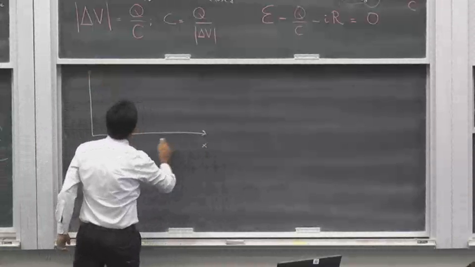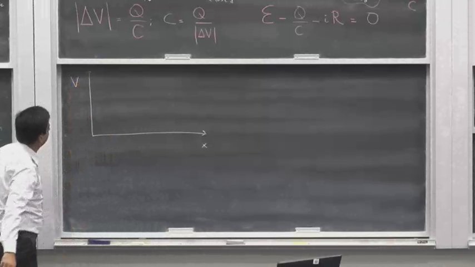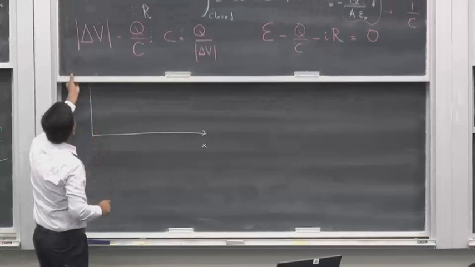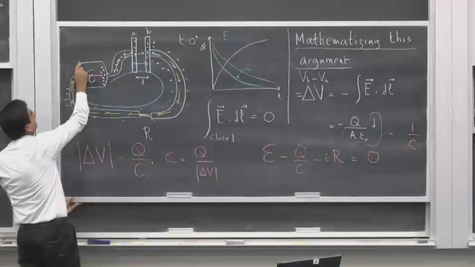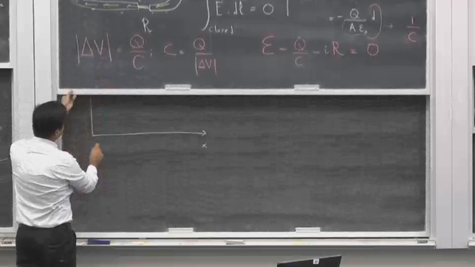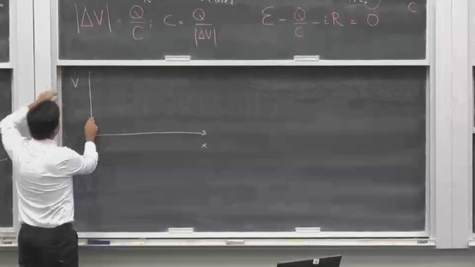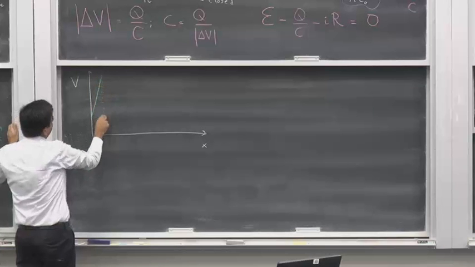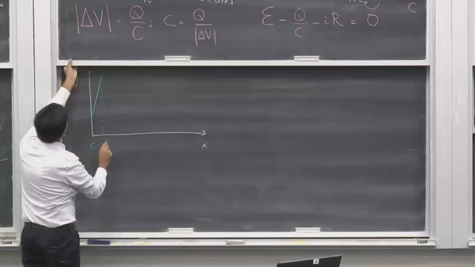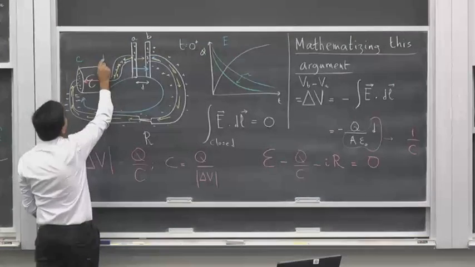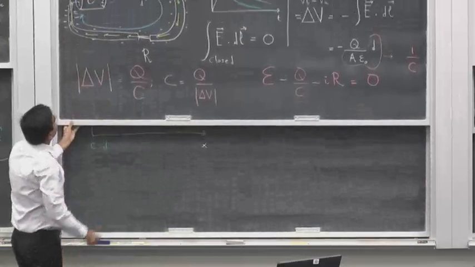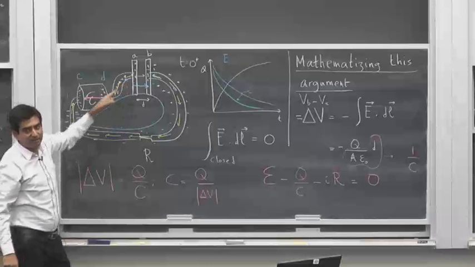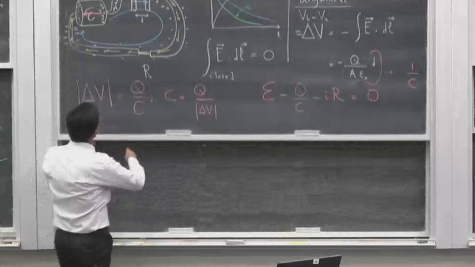If I take the variable x and I take the potential here, and I start off, say, at this point, C. This point is C. The potential is going up rapidly inside the battery. This point is D. Then it remains constant from D to A because this is a perfect conductor. It remains constant from D to A.